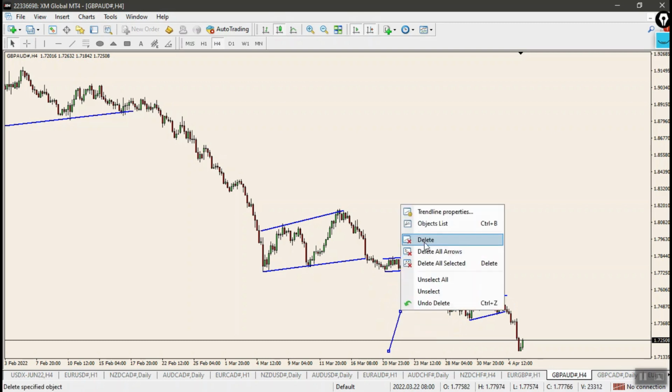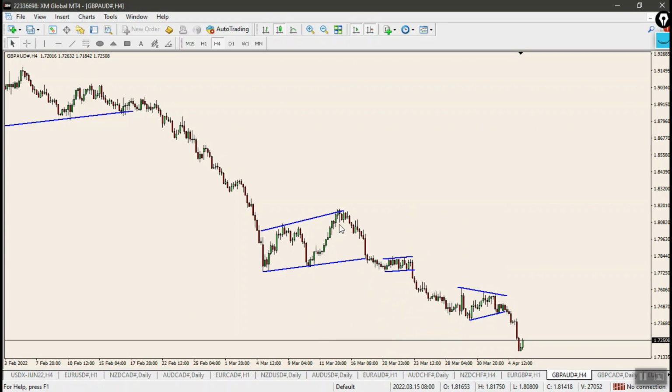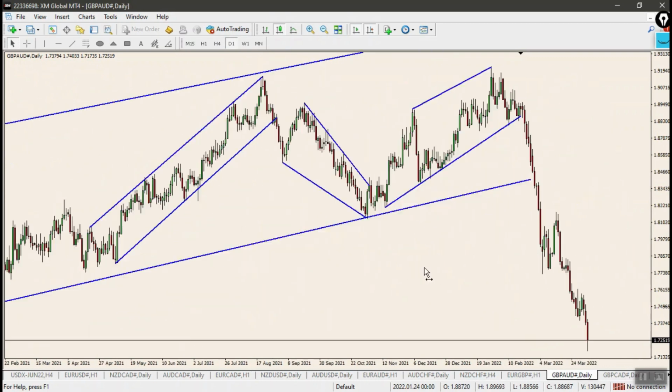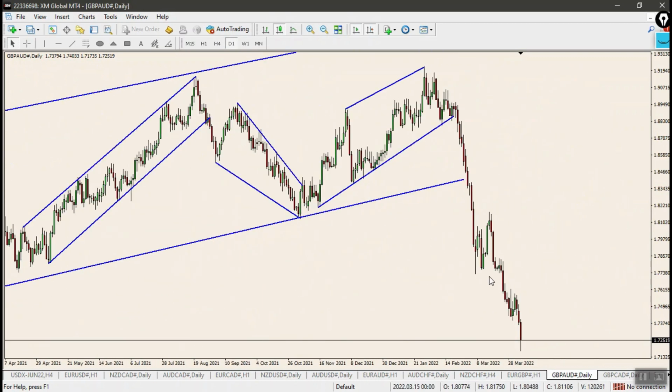These kinds of setups combined with higher time frame trading can be really powerful for your trading, I promise you, but it's going to require a lot of your time and effort to backtest and learn them on your own. So let's move on to the next topic.